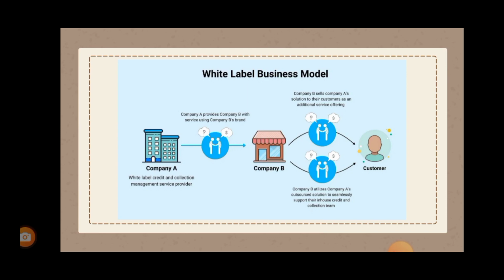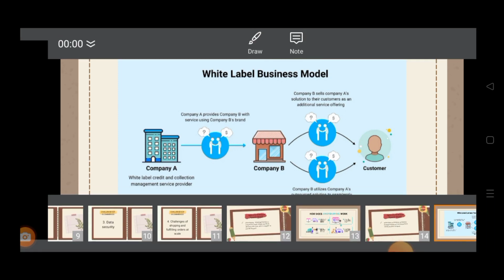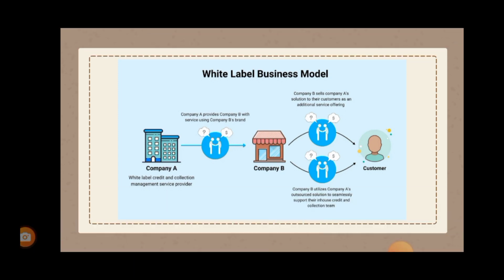So company A, a white label credit and collection management service provider, and then here in the middle, company A provides company B with services using company B's brand. And then company B provides products and services to the customer.